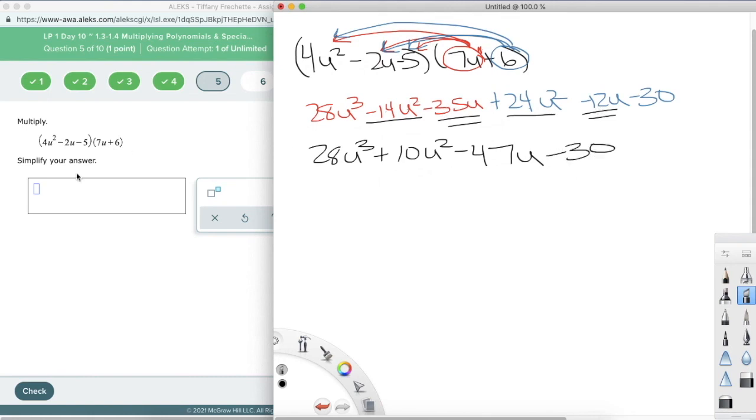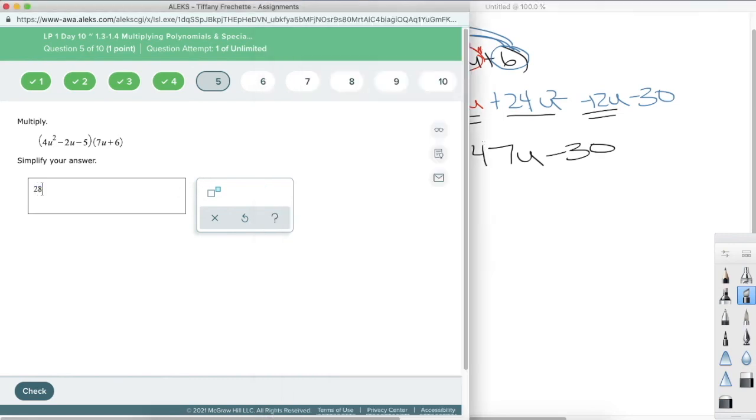All right, so now I have to keep going back and forth. 28u cubed plus 10u squared minus 47u. Whoopsie. I forgot to hit my over arrow. Minus 47u minus 30. All right. Yay. Let's keep on moving.